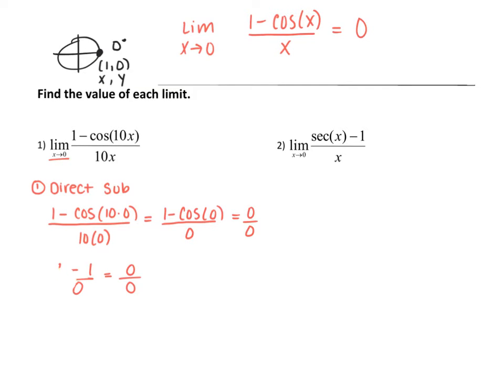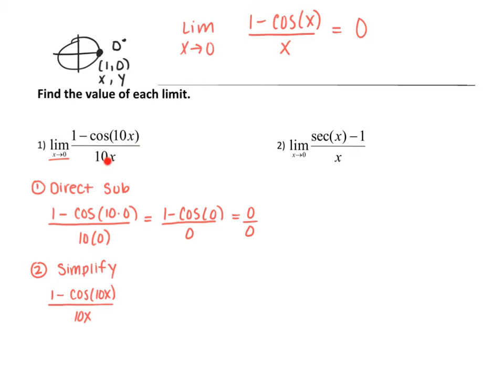So now my second step is going to be to simplify this so that I can use one of these limits up here. So step 2 is going to be to do a little simplification. So I'm just going to go ahead and rewrite the problem. So we have 1 minus cosine of 10x over 10x. And you should actually notice with this one, we don't have to simplify anything, because if you remember from the other day when we did sine, as long as what's inside these parentheses is the same as the bottom, then it's equivalent.